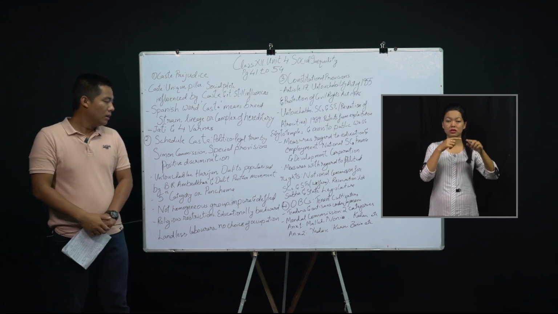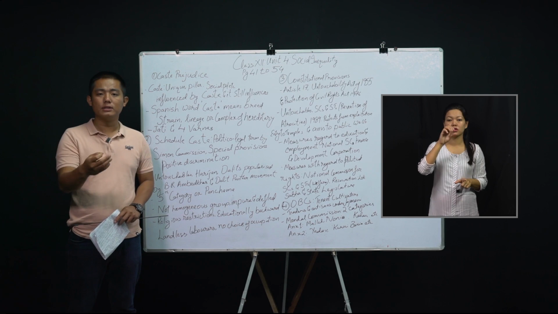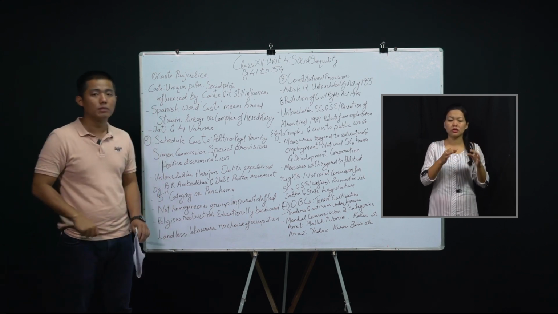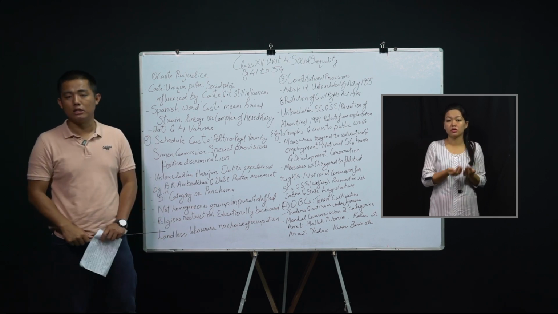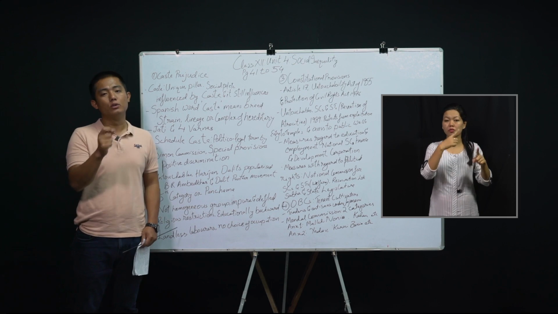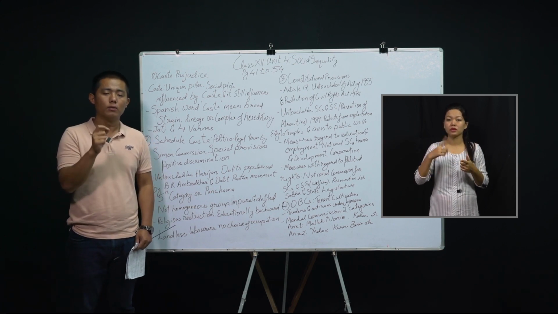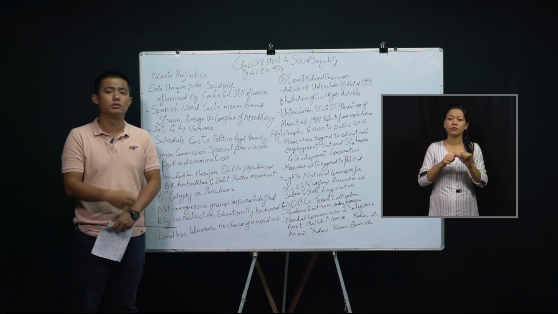Now here, these scheduled castes are given some special provisions, which we sometimes call positive discrimination. Why? Because these are the group of people who were never given privileges, or any kind of opportunities in the society.